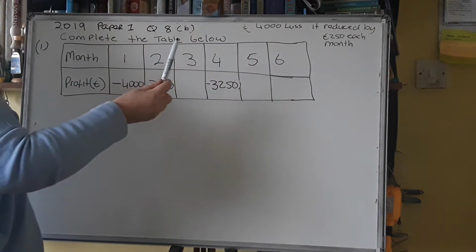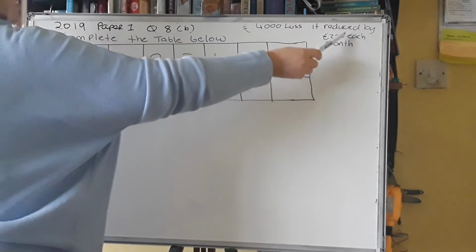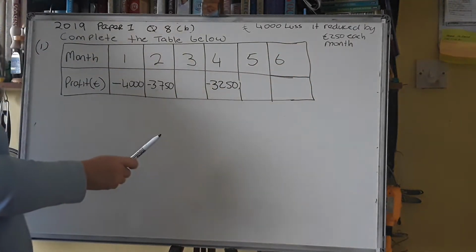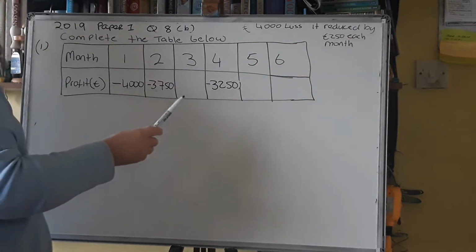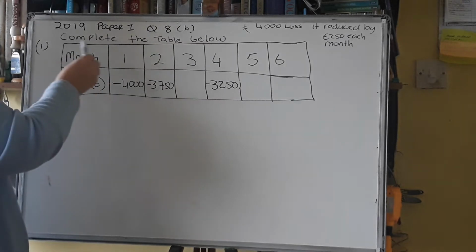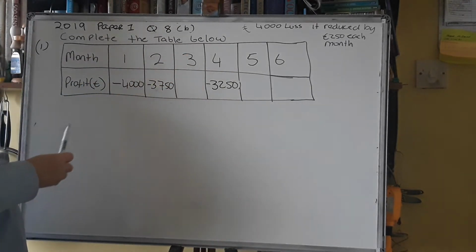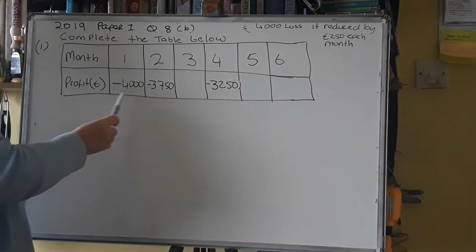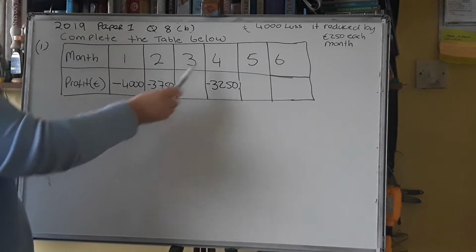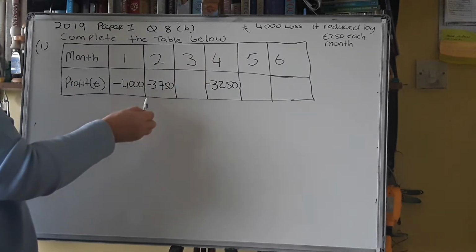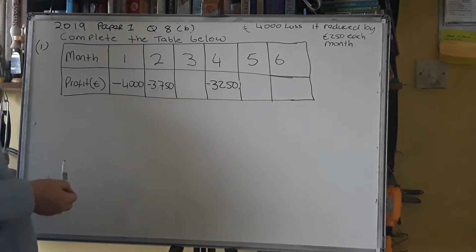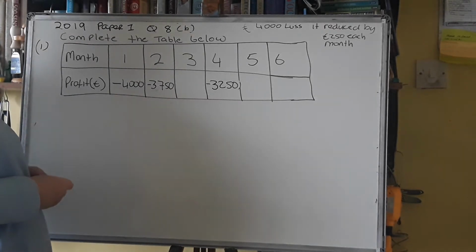However, each month, this loss reduced by 250 euros that the company traded. So what they want you to do is complete the table below. They've given you the first month, the second month with the 250 reduction in the loss. They've given you the fourth month, so you need to fill out the rest. If you haven't done that yet, pause the video, have a go at that, and then press play.